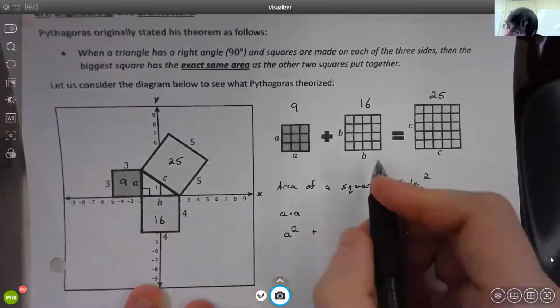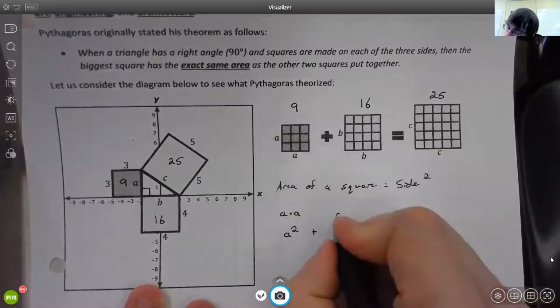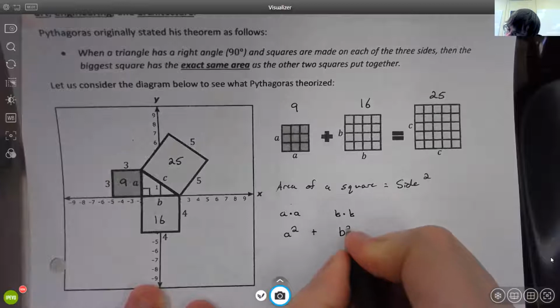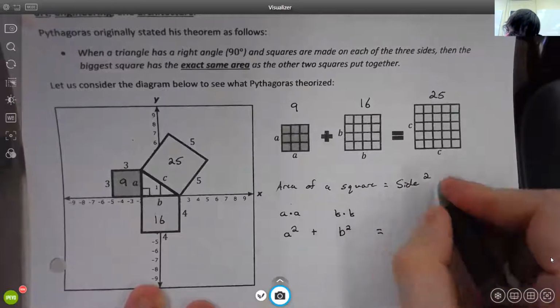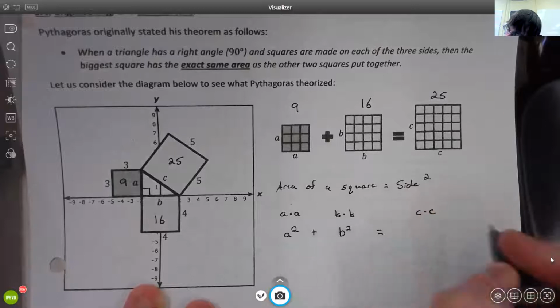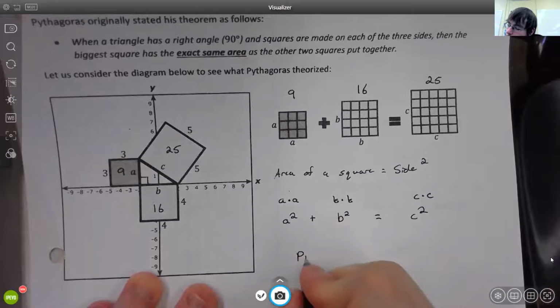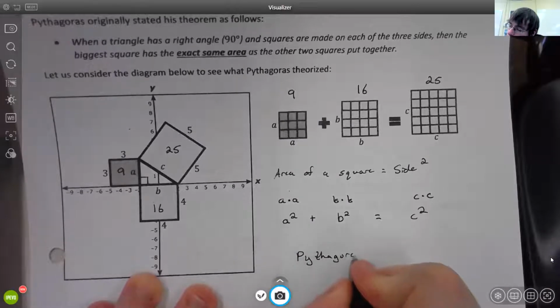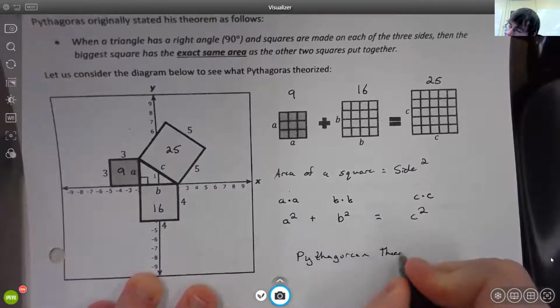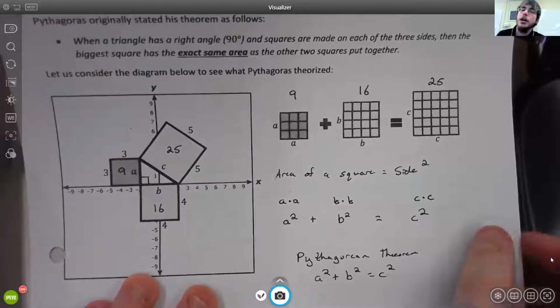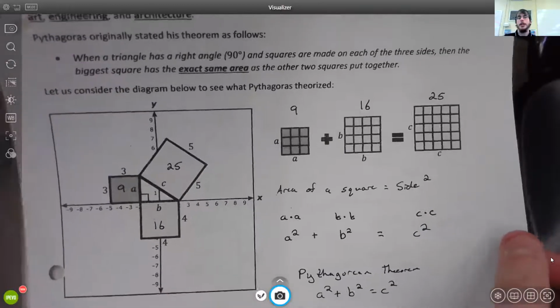Then you have plus B times B, which is B squared, equals C times C, which is C squared. So your Pythagorean theorem, and you guys have seen this before, you may just not remember it, is A squared plus B squared equals C squared. Okay? So let's formalize that statement on the next page.